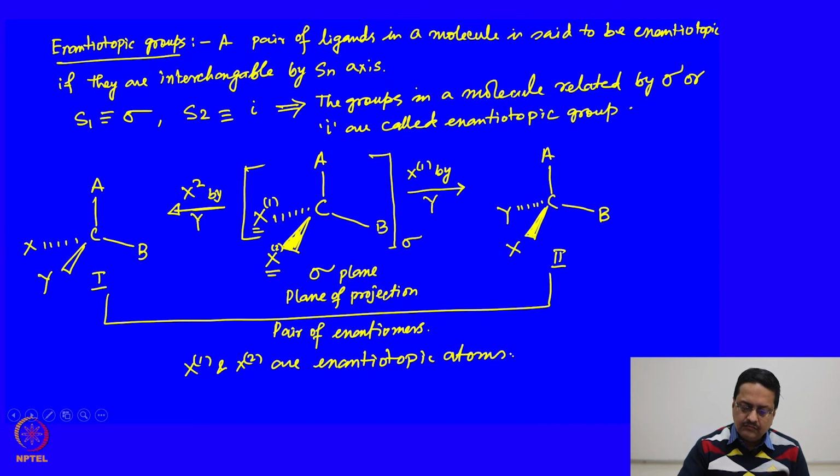Hope I am able to make you understand what enantiotopic groups or atoms mean. This particular carbon has become a chiral center after replacement of one of the two enantiotopic groups. So, this carbon center is called a pro-chiral center.